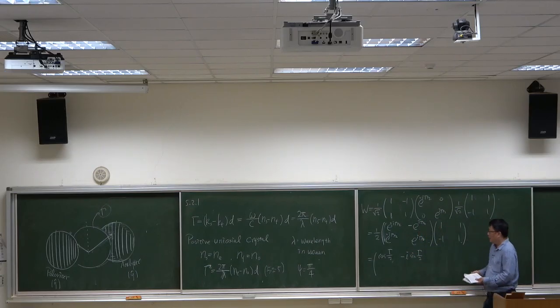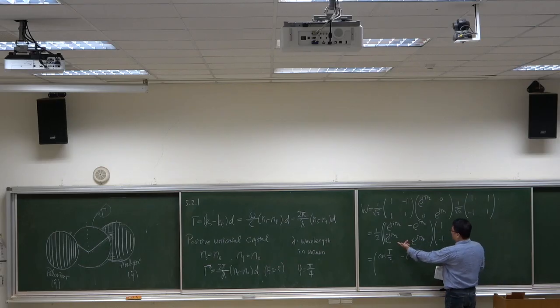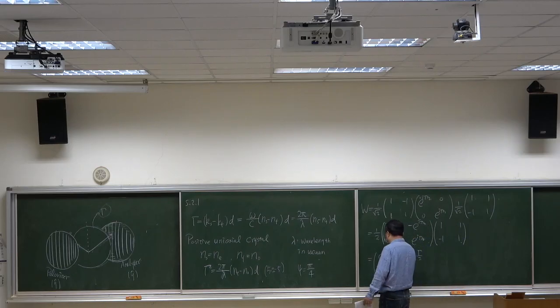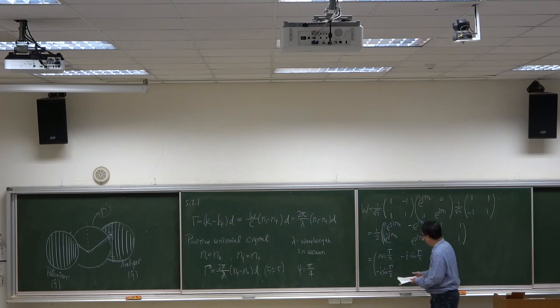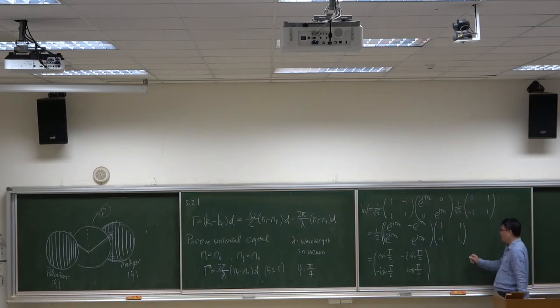Okay. And this also gives us minus I sine half gamma. And finally, this is cosine. Cosine. This one. Okay. Here we have used the fact that cosine theta is the exponential I theta plus exponential minus I theta over 2.